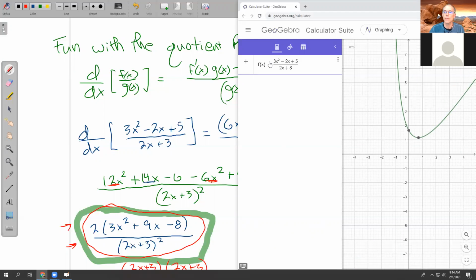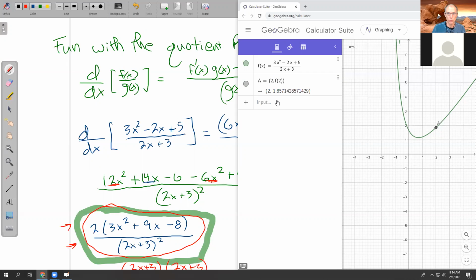Let me get that right. Yeah, that's right. And then I'm interested in the point 2 comma f of 2, which is that fraction there, but we could get a better answer in just a moment on that. And I think Desmos is better with fractions than GeoGebra.